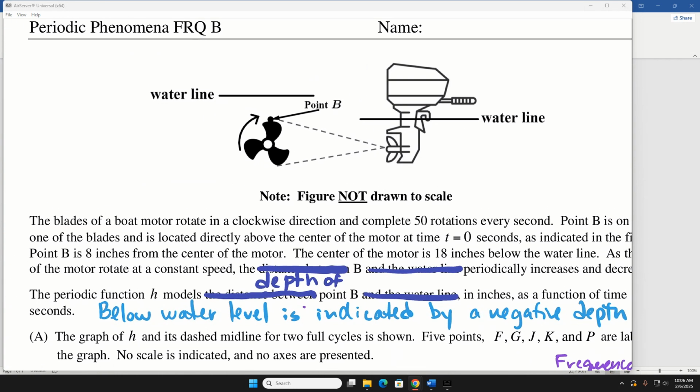Okay, and so this motor is never going to be above the water line. And so all of our depths for point B, they're going to be negative depths. All right, and before you get going too far, pay attention to where the starting point is.